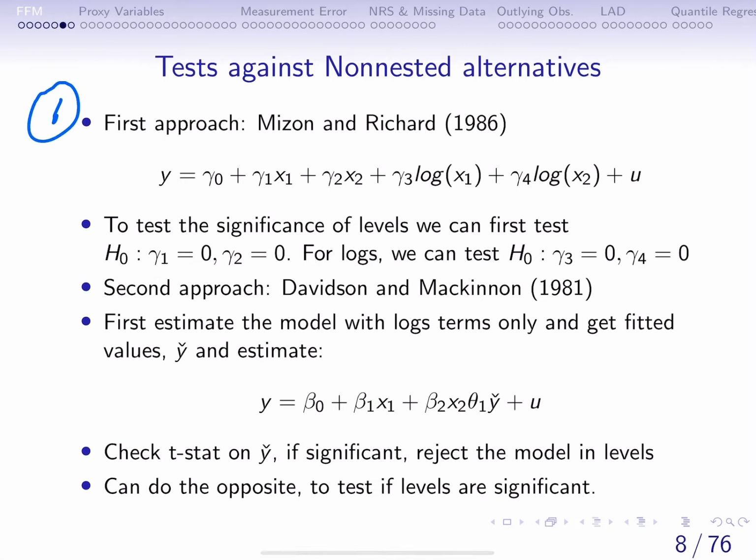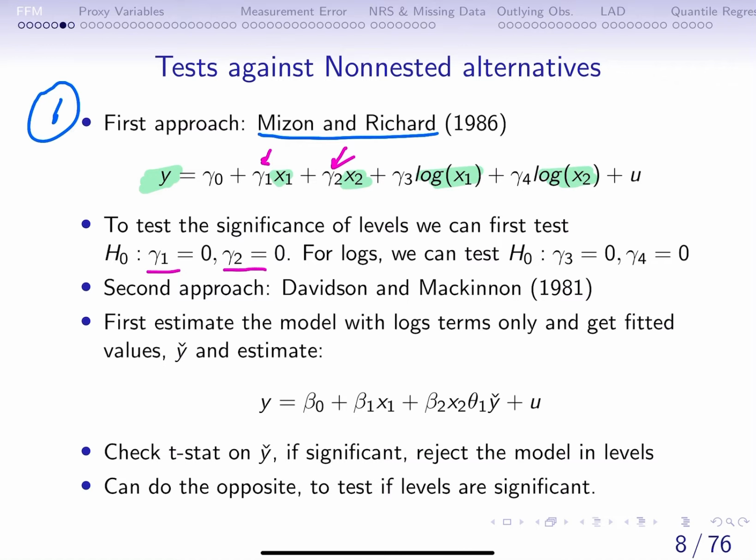The first one was given by Mizon and Richard in 1986, where basically you regress y on x1, x2, also on log of x1 and log of x2, okay? And so to test the significance of the variables appearing in levels, we can just test whether gamma 1 and gamma 2 are jointly equal to 0, and that's an F-test, okay?